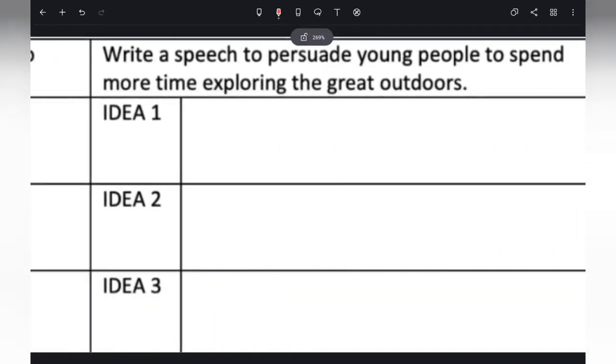And the last and final question, or the predicted question for GCSE English Language Paper 2, is to write a speech to persuade young people to spend more time exploring the great outdoors. Okay, so I feel like a lot of students will struggle with this one, but again, it requires a good plan.